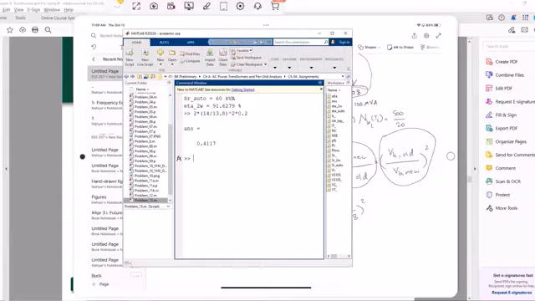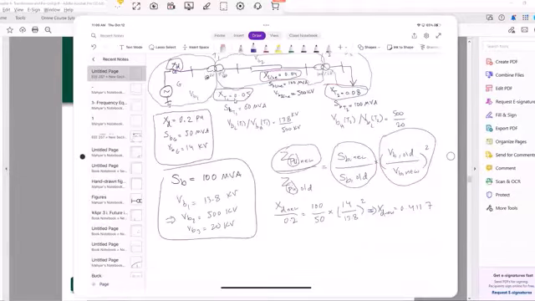That becomes 0.4117. As a result, XD new becomes 0.4117.